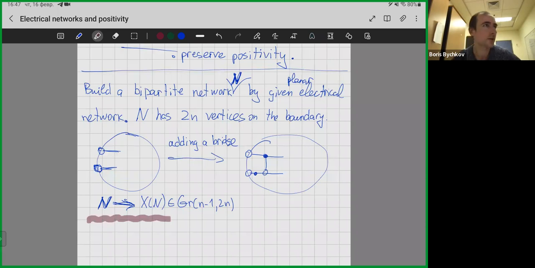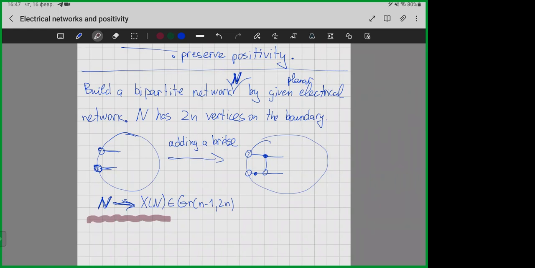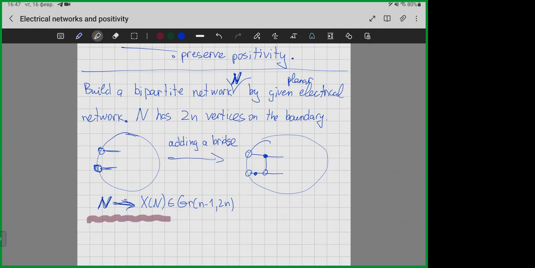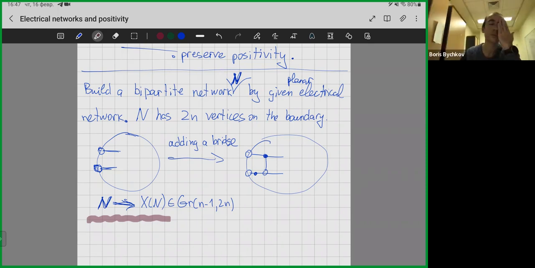Then someone said correctly that you can convert any network to a bipartite one by just adding a black vertex in the middle of each edge. Right, but it's not so trivial in your case. Yes, it's right, but I don't want to do this here.